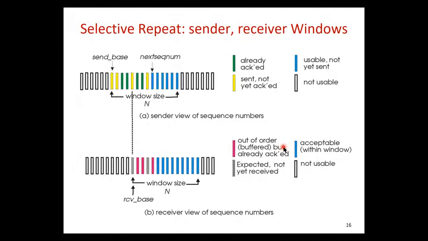Okay, now in the case of selective repeat, let's look at the window at the sender and at the receiver. This is the window at the sender. This is the window at the receiver. So you can see right away one difference with Go Back N. I told you that the receiving window is by definition the range of sequence numbers which are accepted by the receiver.